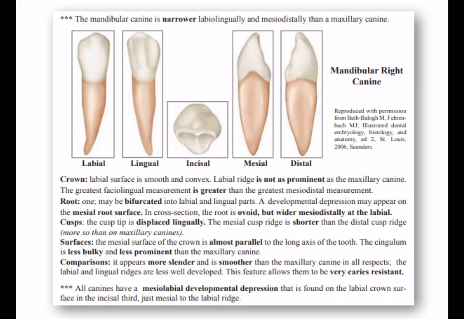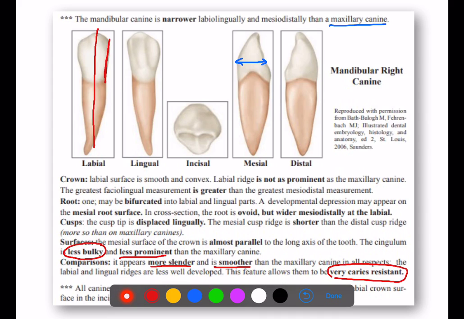One is that the maxillary canine is the longest tooth in the arch, and a pronounced labial ridge and cingulum is present in the maxillary canine, whereas bifurcated roots are more common in the mandibular canine. And the mesial surface of the mandibular canine is almost a straight line and is parallel to the long axis of the tooth.